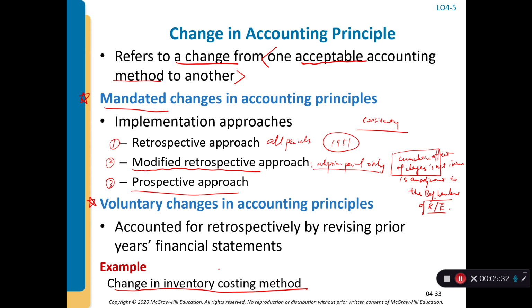So these two periods are not comparable, right? So to improve comparability and consistency, GAAP typically requires that voluntary changes of accounting principles be conducted retrospectively. So in other words, it's really expensive.